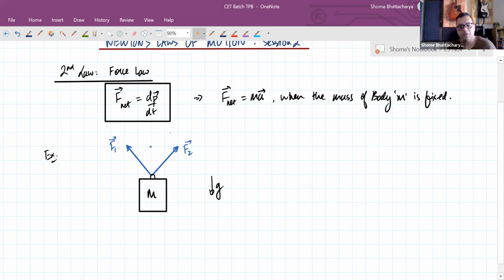Now these forces are applied such that they are symmetrically at an angle of 30 degrees to the vertical like this.